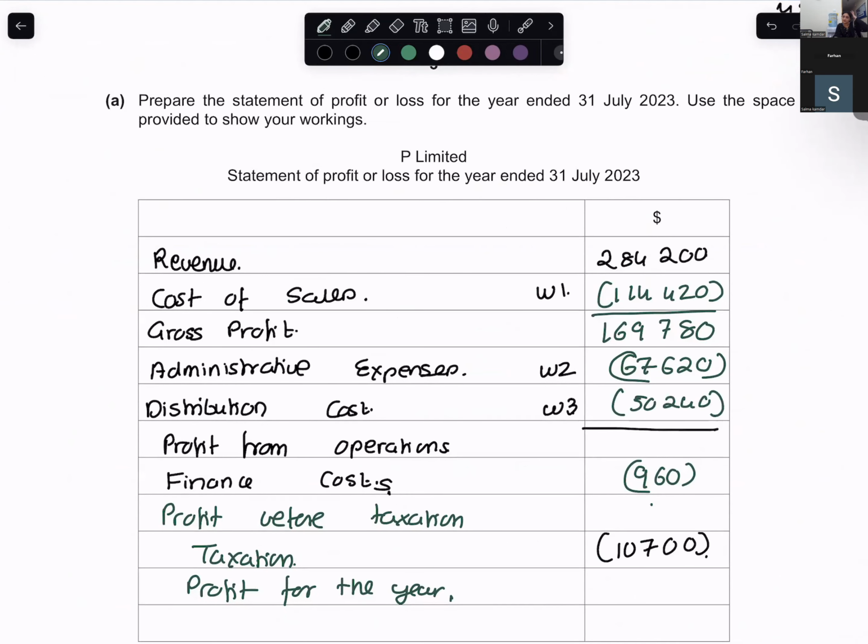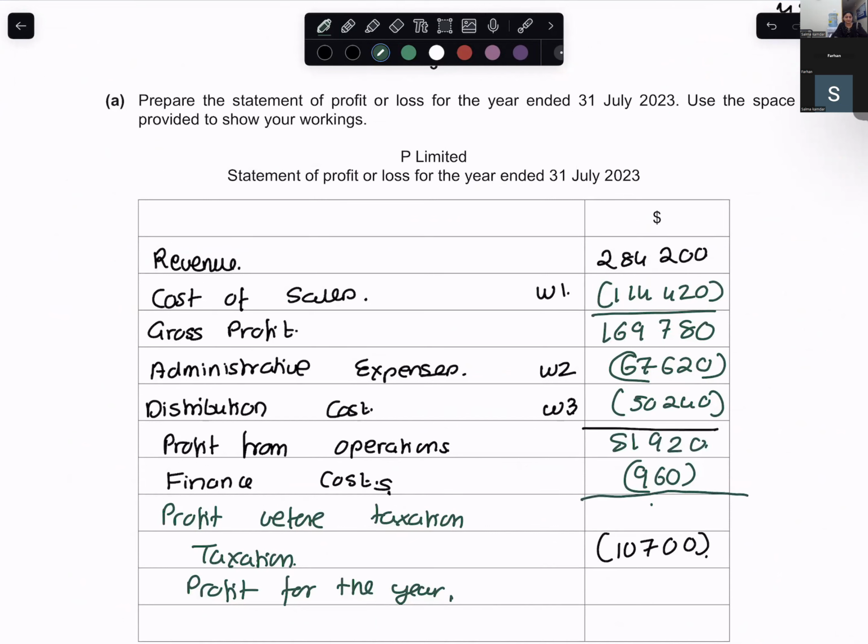Profit from operations. So 169,780 minus 67,620 minus 5,240. 51,920. Profit before tax.